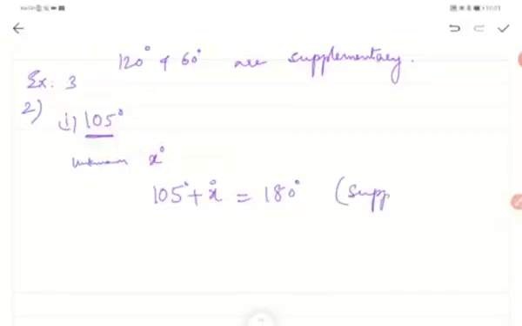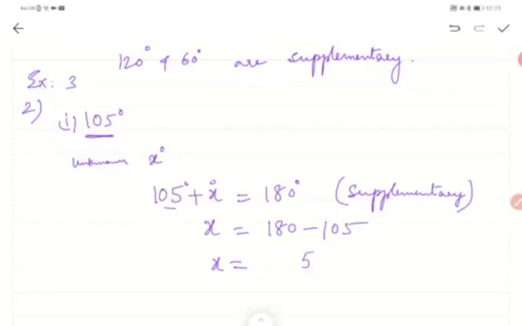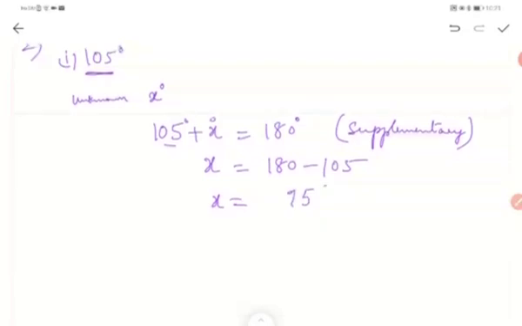Because it is mentioned in the question, they asked us to find the supplementary angle to 105. So obviously, the other angle is 180 minus 105. What is 180 minus 105? It is going to be 75 degrees.